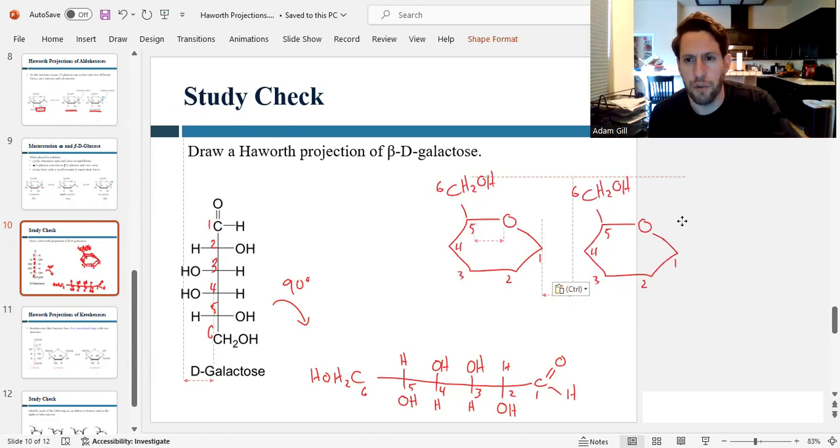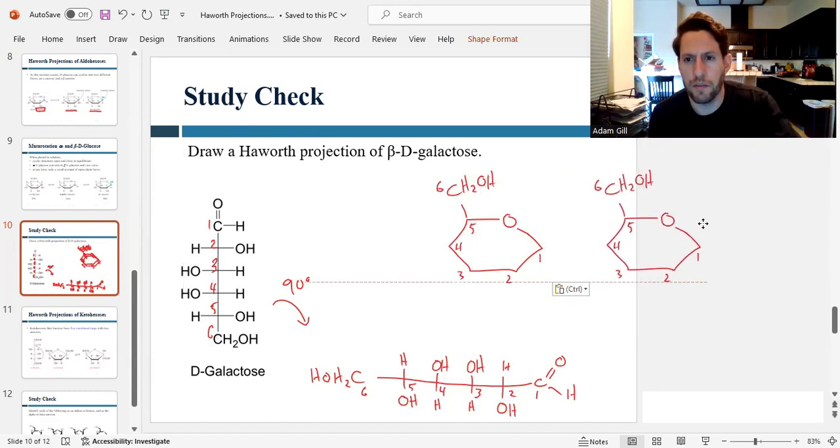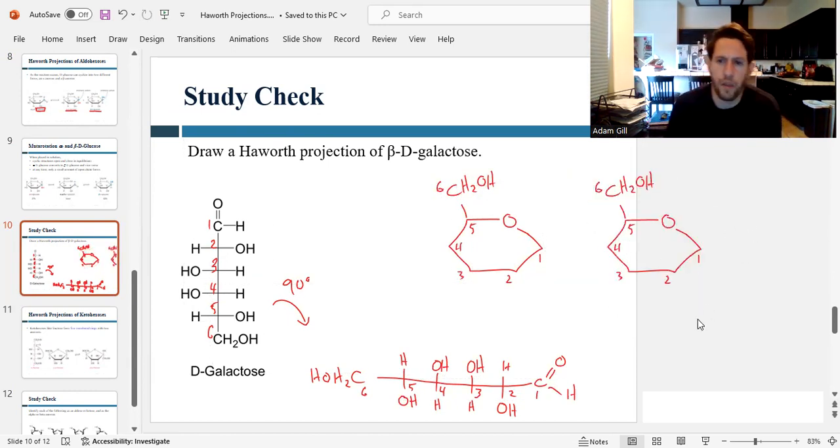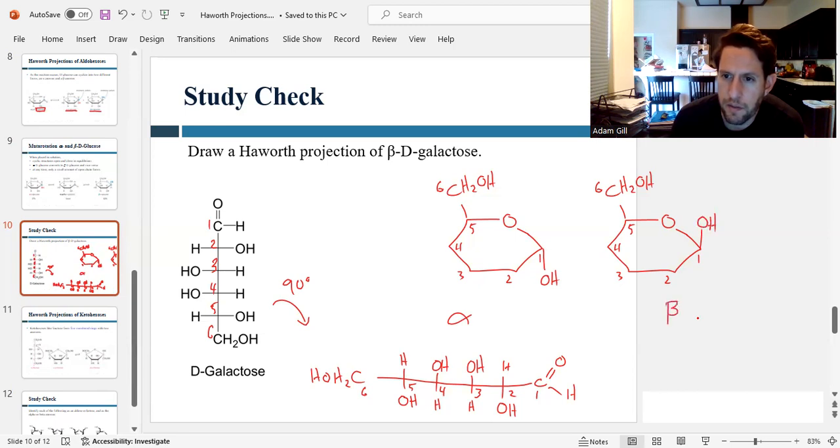And we're going to draw it in both the alpha and the beta forms. Now, in the alpha form, you're going to have the OH pointed down at the anomeric position. In the beta form, the OH is up at the anomeric position.